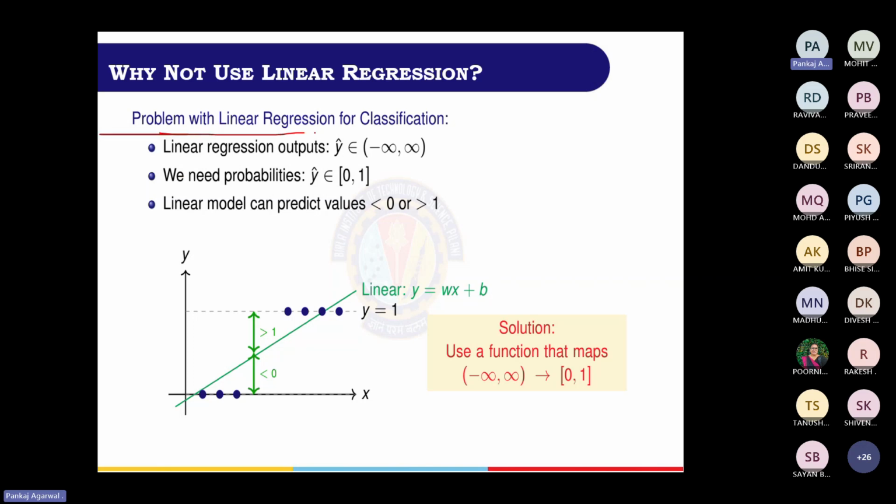The problem with linear regression for classification is that, as you know, the outputs of linear regression are in the range of minus infinity to plus infinity. So I would not be able to draw that threshold or boundary line very nicely if my region is minus infinity to plus infinity.